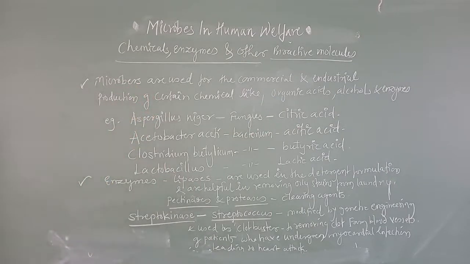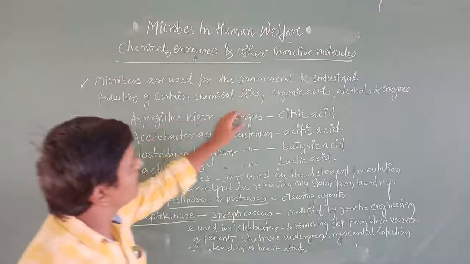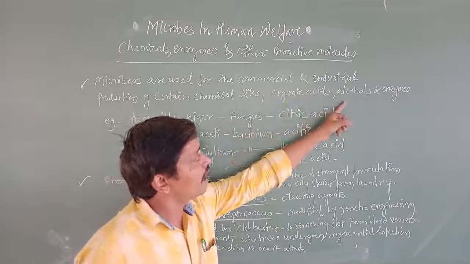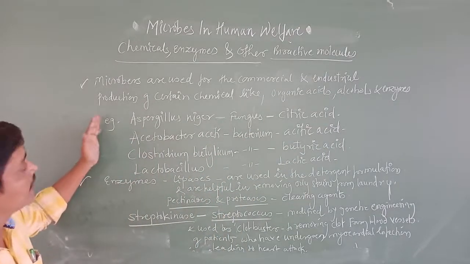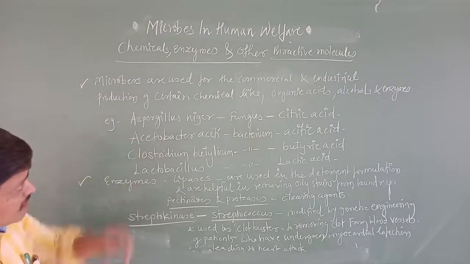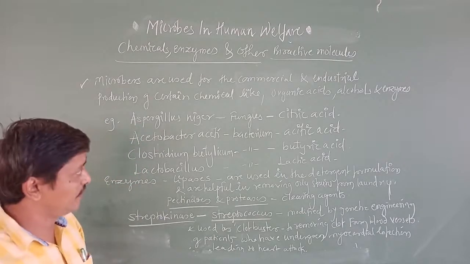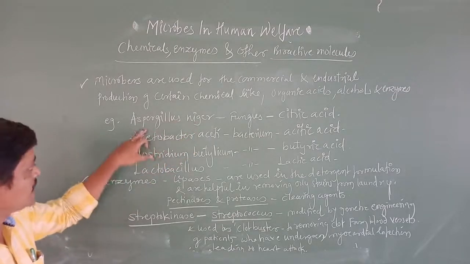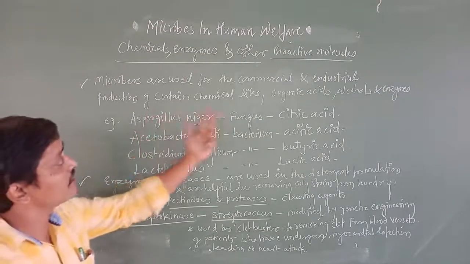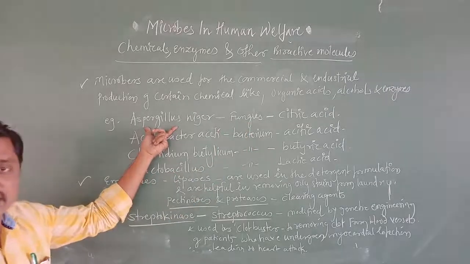See here, microbes are used for the commercial and industrial production of certain chemicals like organic acids, alcohols and enzymes. First I have written the example for the production of organic acids: Aspergillus niger. This is a fungus.